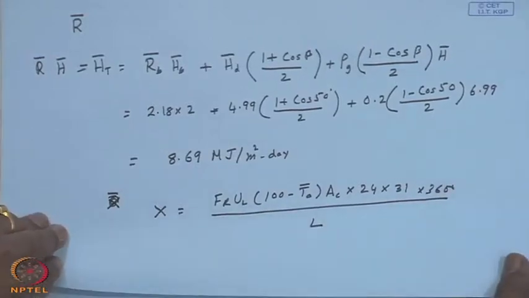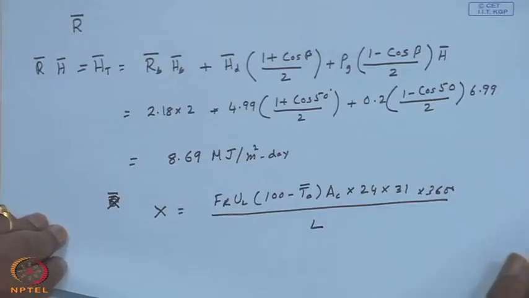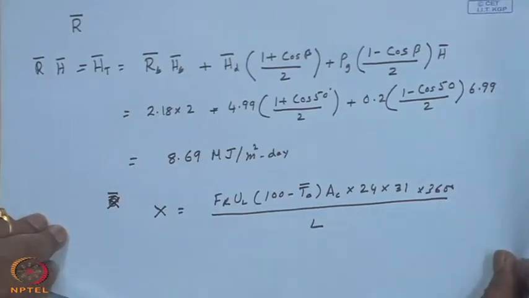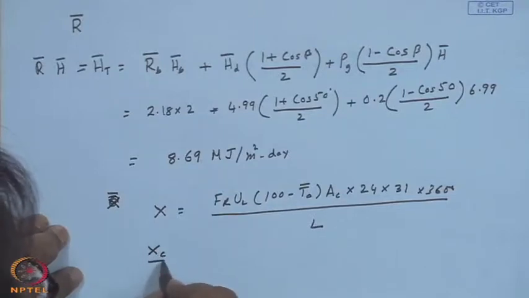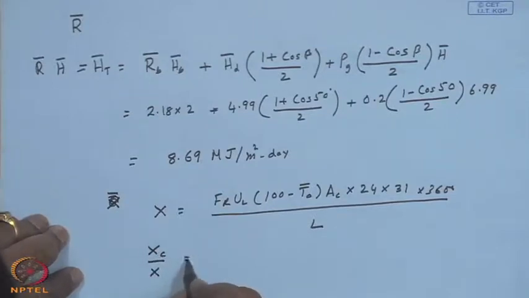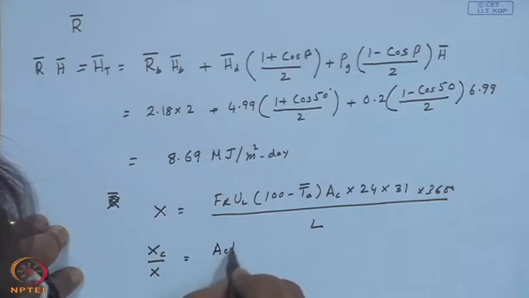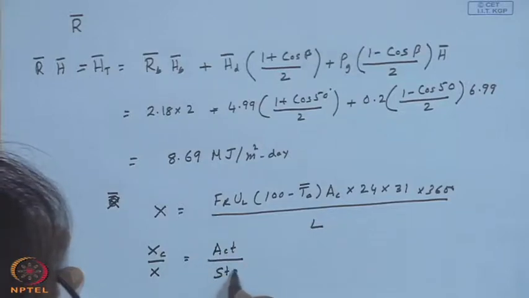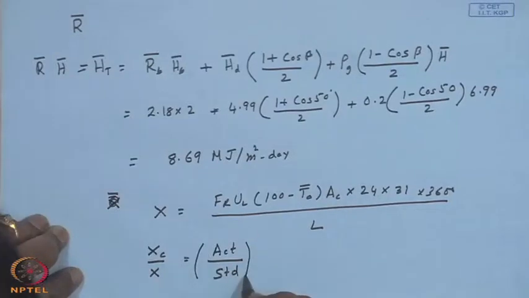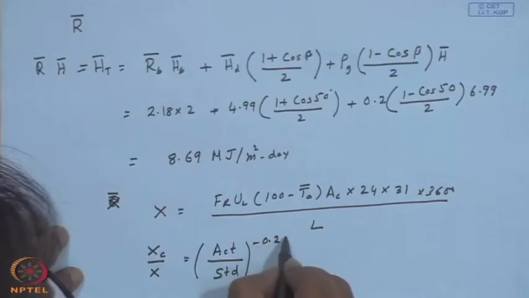And since the storage is considered to be different, you have got X c by X is actual by standard to the power minus 0.25.